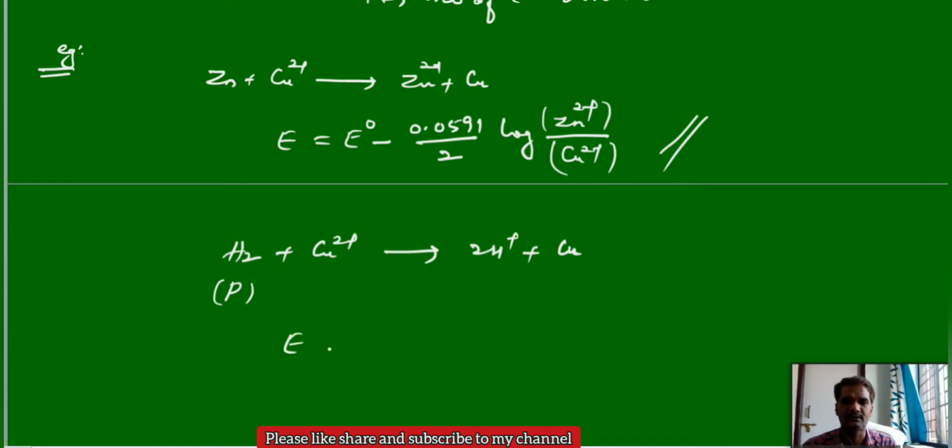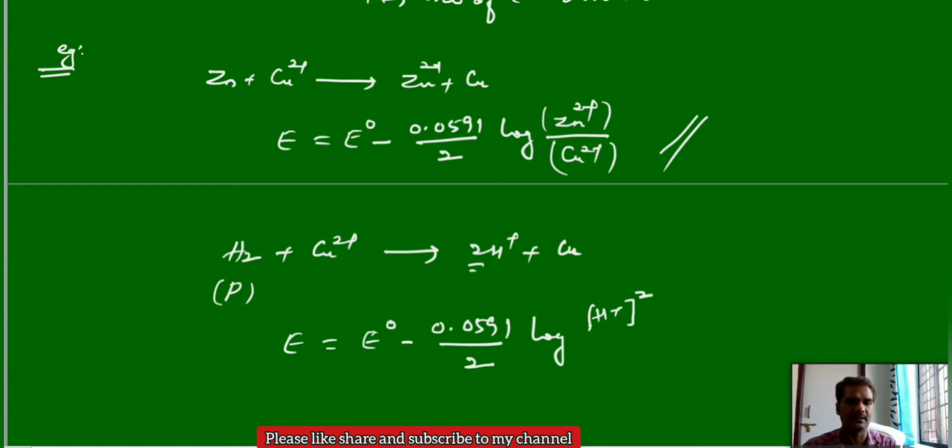And for this case, E cell is equal to E naught minus 0.0591 by again the number of electrons involved, 2, log of the concentration of H plus, and your stoichiometric coefficient 2 is there, so H plus to the power 2, copper anyhow solid so unity, and now the partial pressure of hydrogen you have to take.